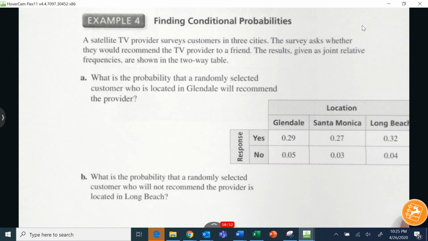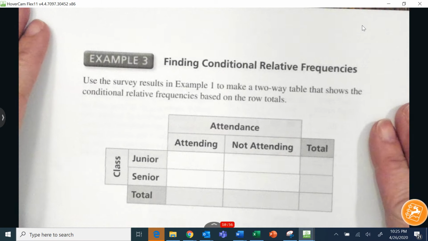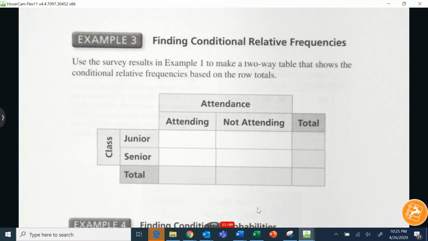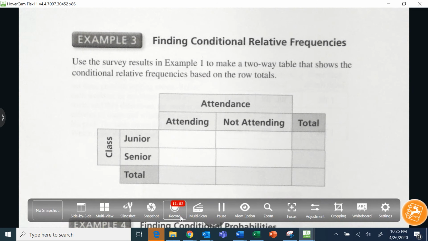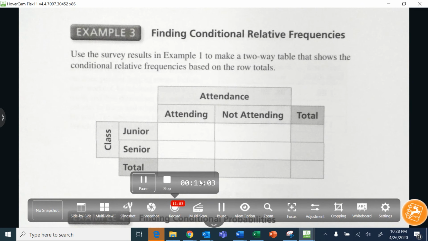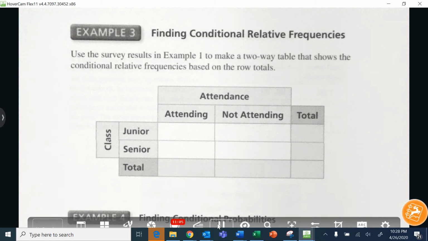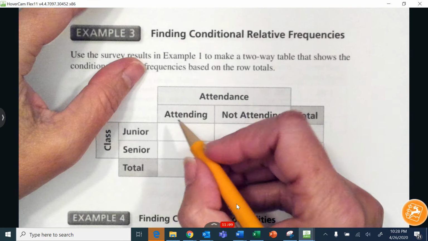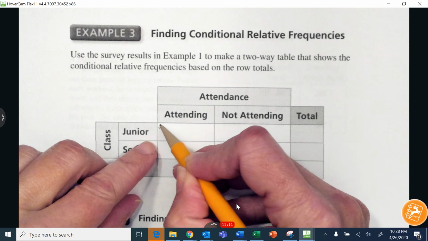Okay, and then to find the conditional relative frequencies, we're going to use that information that we just got on the other table. I'm going to copy it over here in the top corner.